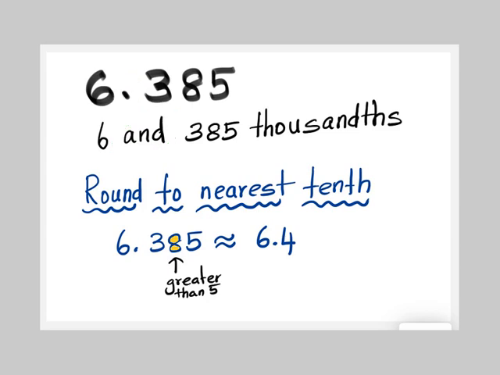Let's round this number to the nearest tenth. When we round it, we have to check the next number. I have shown the next number in yellow. If that number is 5 or greater, then we can change it to 6.4. So that means this 3 goes to the next number, 4. That is how we round to the nearest tenth.